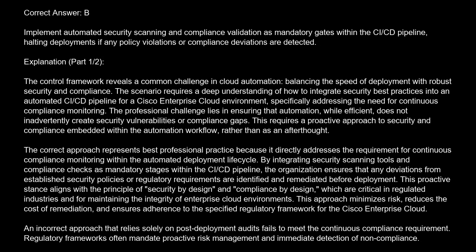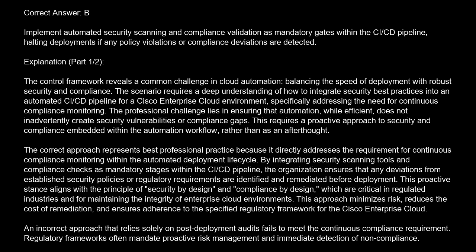The correct answer is B. Implement automated security scanning and compliance validation as mandatory gates within the CI/CD pipeline, halting deployments if any policy violations or compliance deviations are detected. Explanation: the control framework reveals a common challenge in cloud automation, balancing the speed of deployment with robust security and compliance.